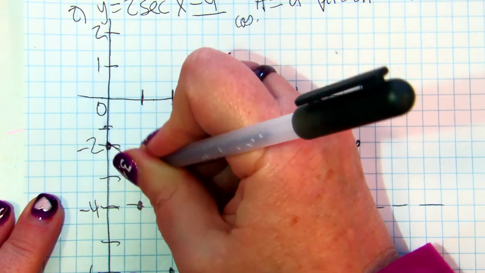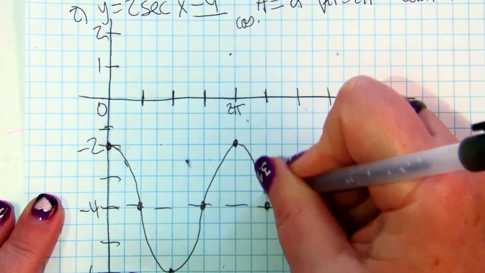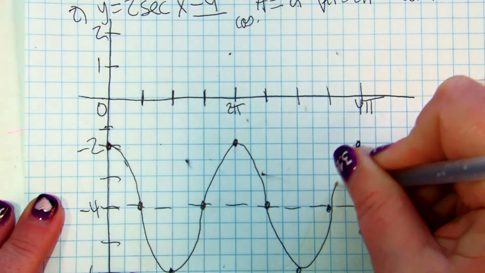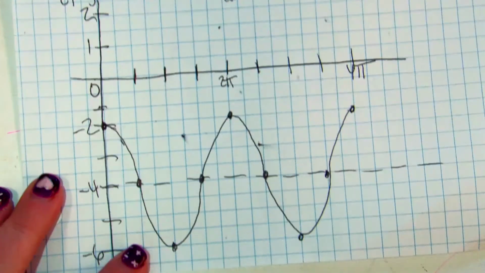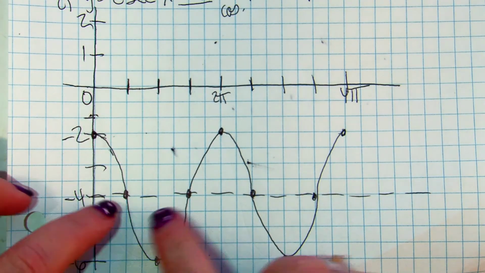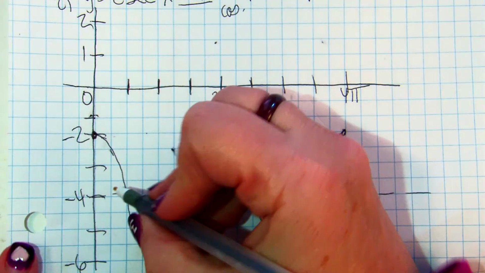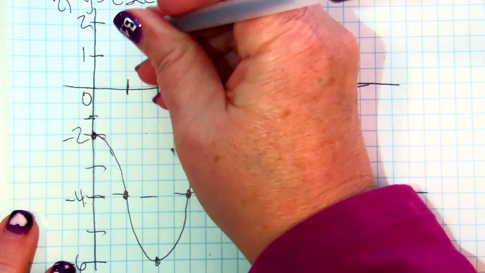Draw your smooth cosine curve. That looks like 2 periods of cosine. It's a move down 4, where it hits the dashed line is where the asymptotes are.